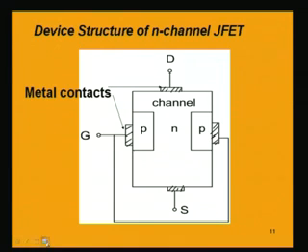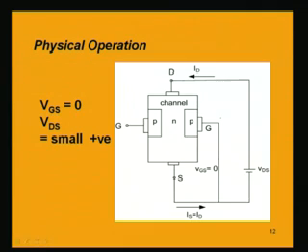Then what will happen? Suppose this is the condition where we have no voltage between gate and source, only a positive voltage between drain and source. In order to simplify the diagram, for these two p type materials connected to the gate, we are not showing the common connection.